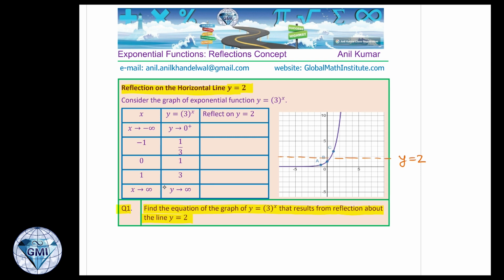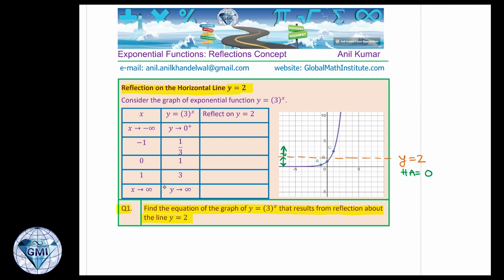Now reflection, you understand, the image will be the same distance away, correct? So what is very clear from here is that we had a horizontal asymptote which was at 0, right? Now when you reflect this, these 2 units, it will go 2 units up, correct?